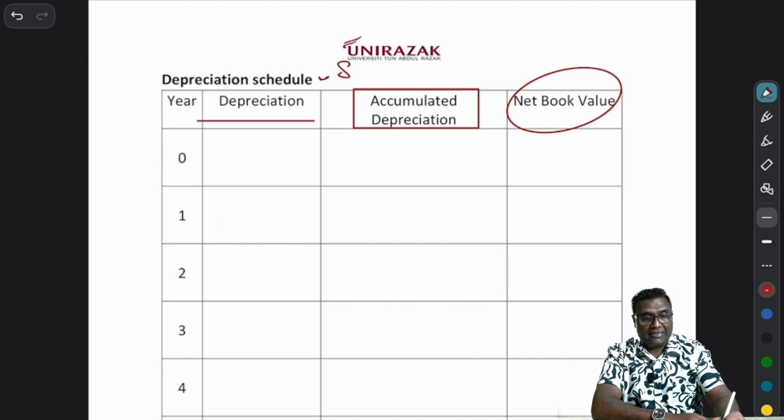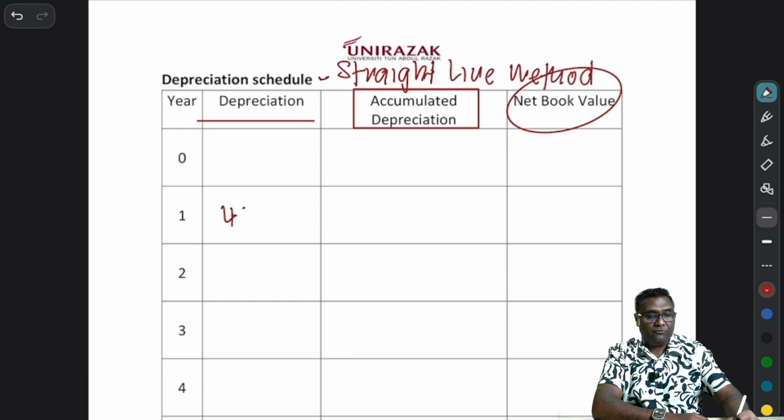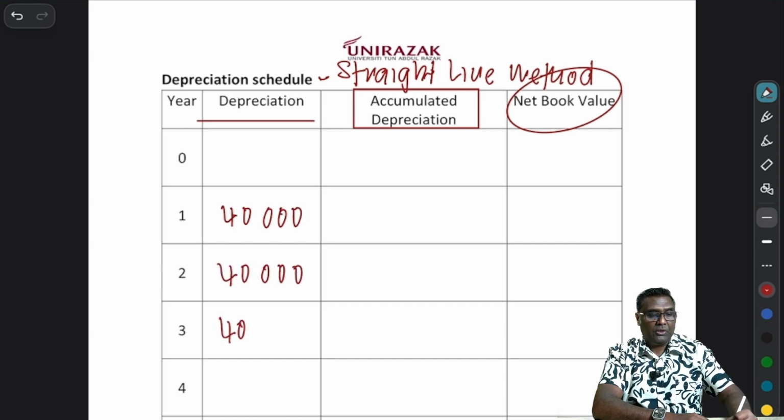This is under the straight line method, correct students? Under the straight line method, I have one thing that is going to save my life. The depreciation for every year is going to be the same, students. I don't have to think so much because under the straight line method, the depreciation is going to be the same.